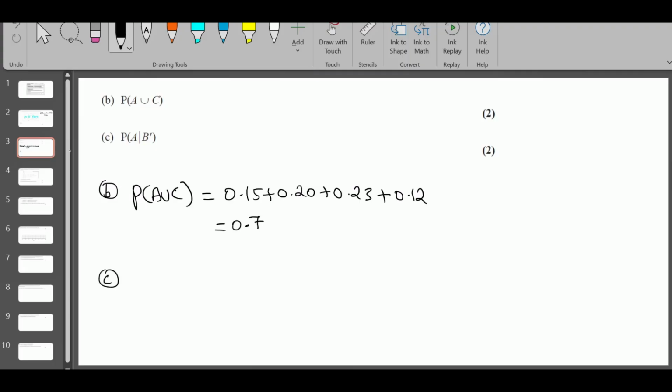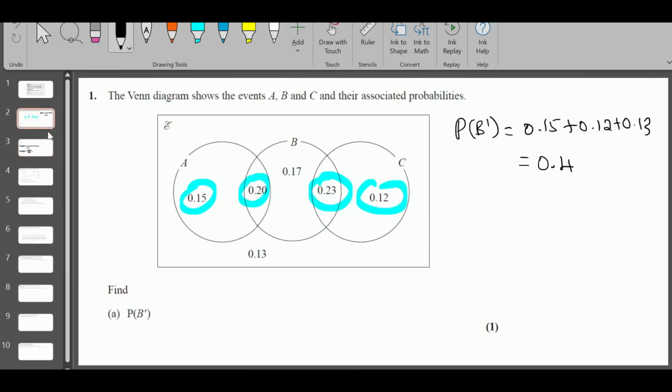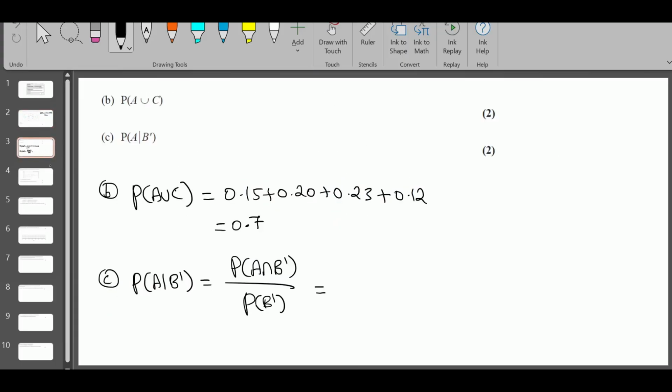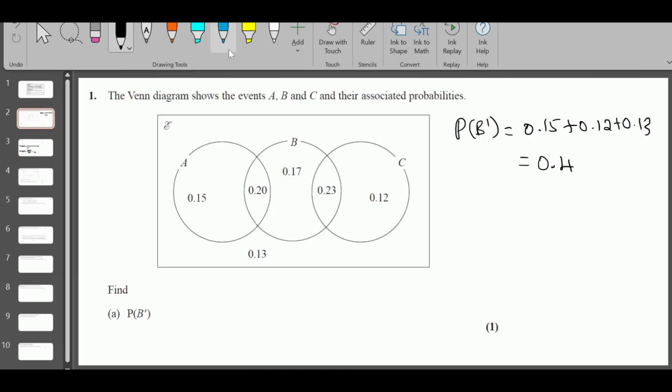Part C. P of A given B complement. Use the formula for conditional probability: P of A intersection B complement over P of B complement. We calculated P of B complement in part A. It's 0.4. So that's the denominator. Now A intersection B complement.